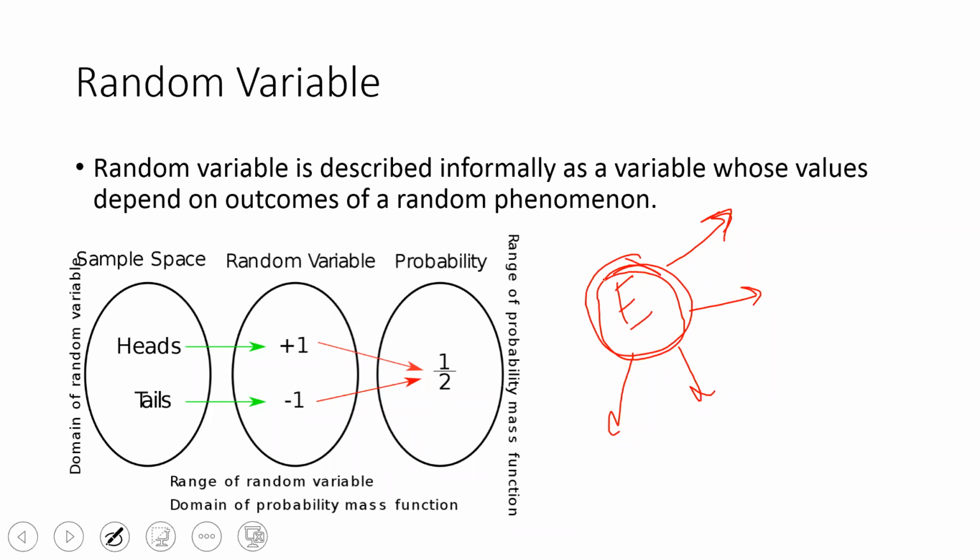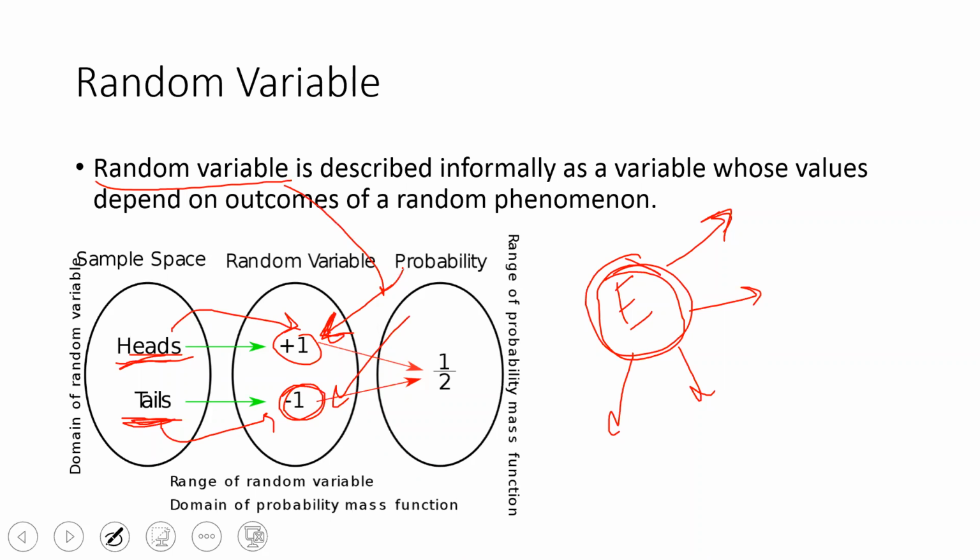Suppose I toss a coin, so I will get either heads or tails. I will give heads the number 1 and tails the number -1.